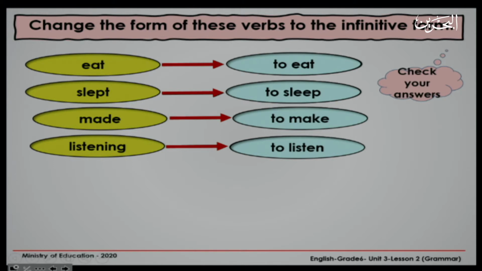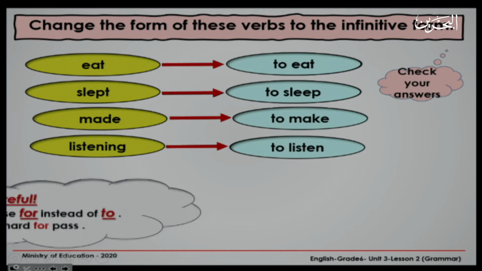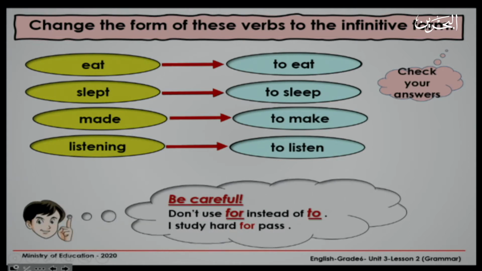And for the present continuous verb listening, it becomes to listen. Be careful, don't use for instead of to. Like the example we have, I study hard for pass. It's wrong. We have to say, I study hard to pass.